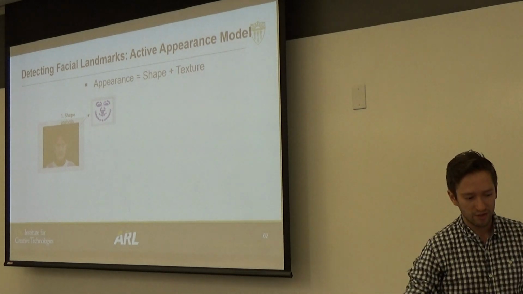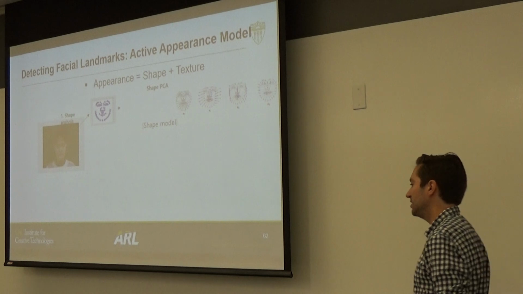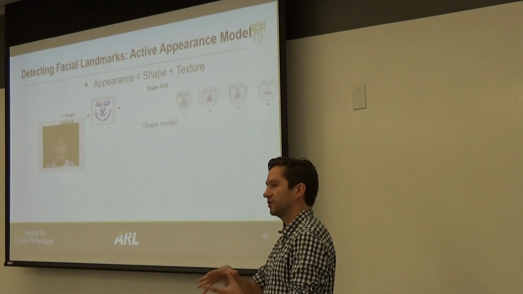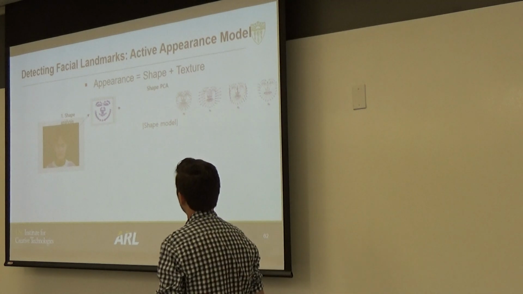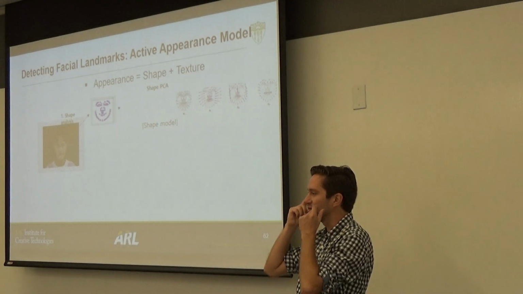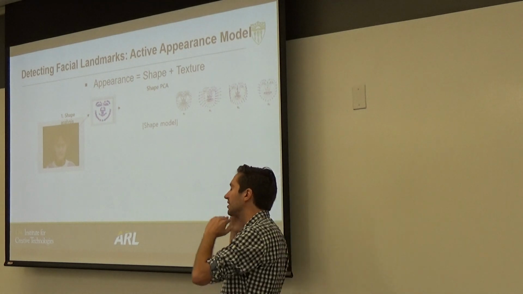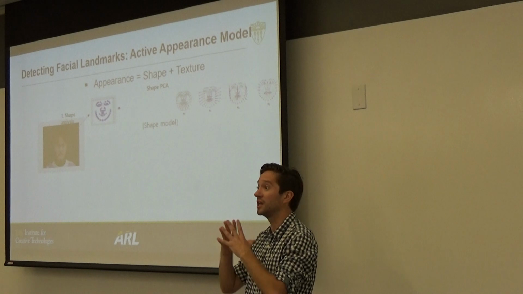The next step then is to do what's called a principal component analysis, which is a technique that tries to reduce the number of dimensions of variation in your data set. For example, many faces can be larger here, here, but maybe they're all larger at the same time, let's say.